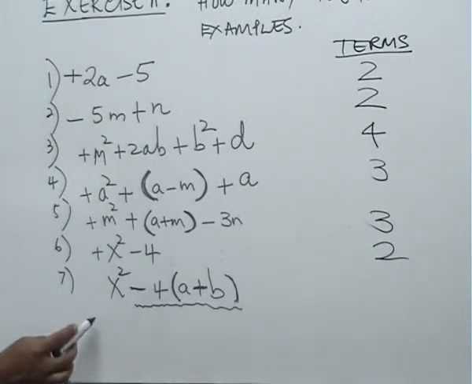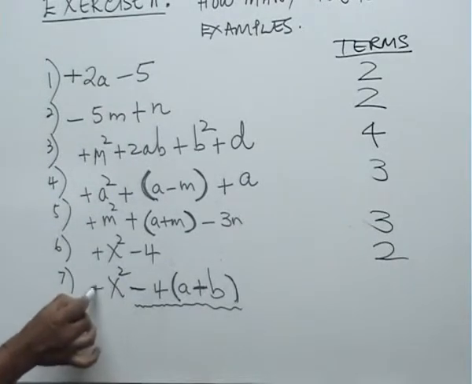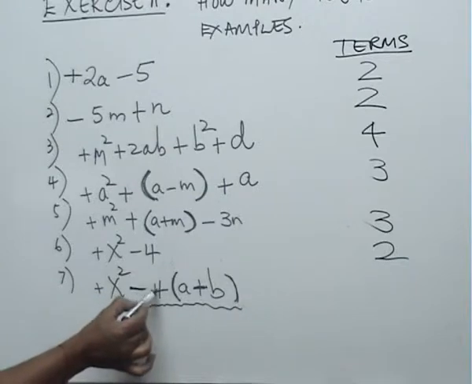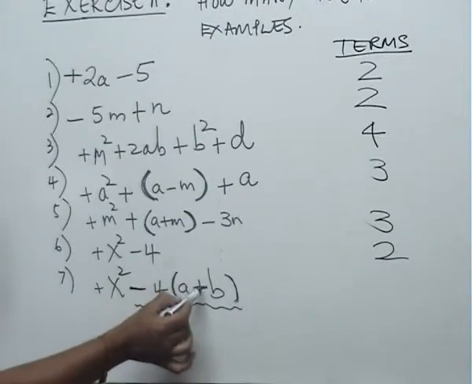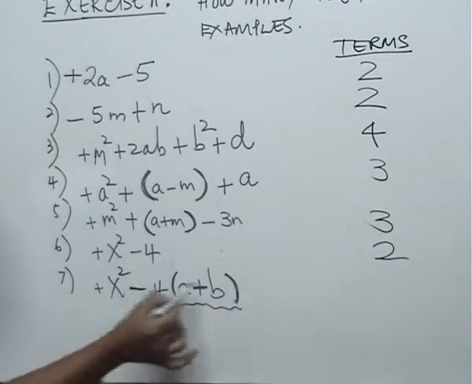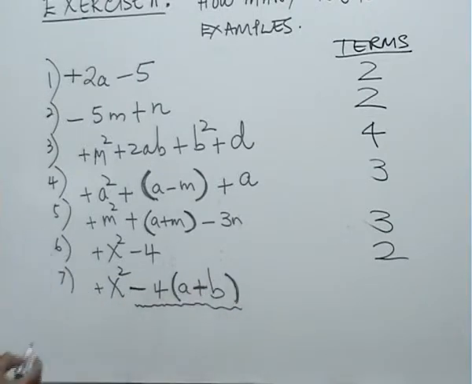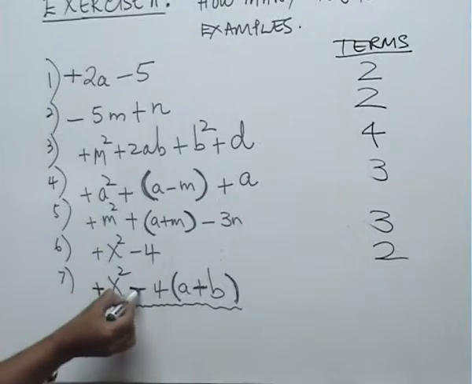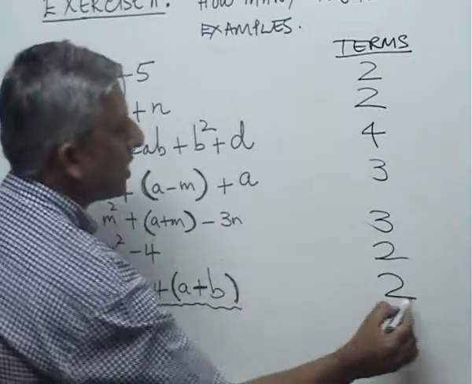And if you take this last one, well, there's a plus sign here, so that's plus x squared is one term, and then you got minus 4 into a plus b right till here. From here right till there is one term. So altogether here, there's 2 terms. Or you could have just counted like this, 1 plus 1, 2 terms.